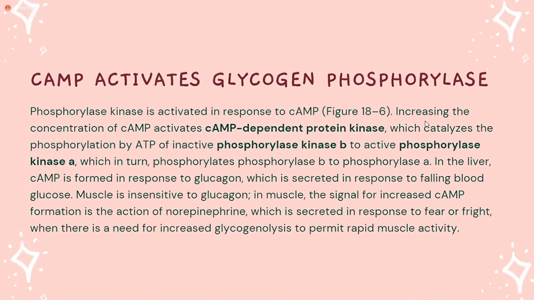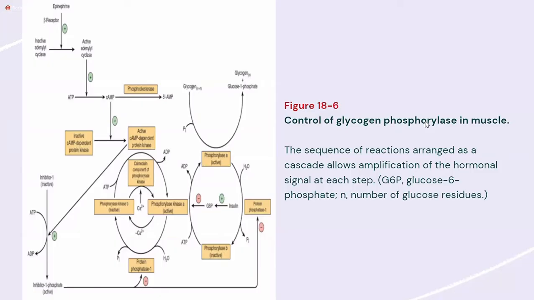We have seen that already. Cyclic AMP activates glycogen phosphorylase. Now, this is control of glycogen phosphorylase in the muscle. It's very easy to follow.